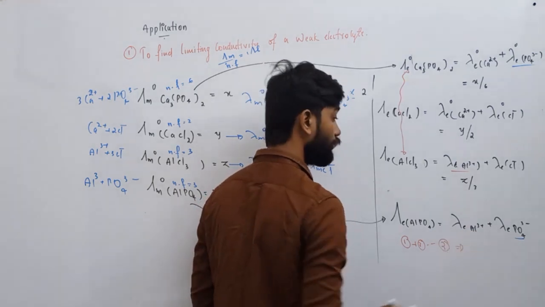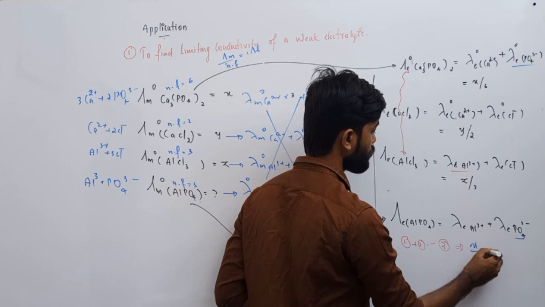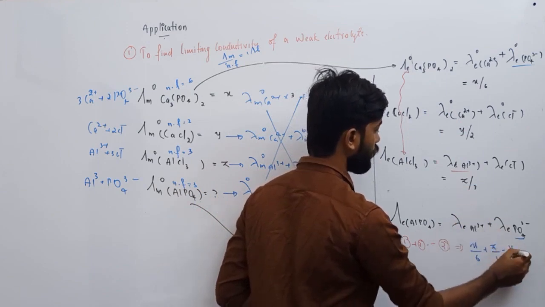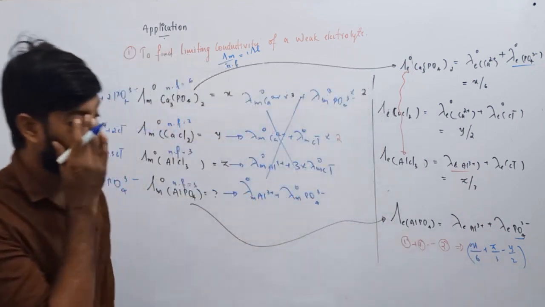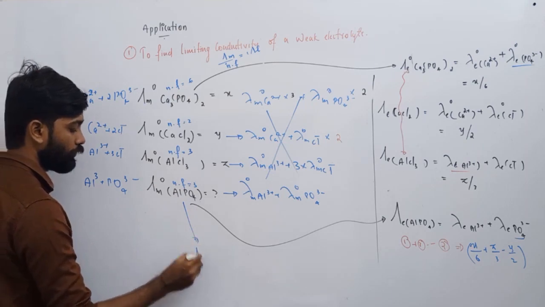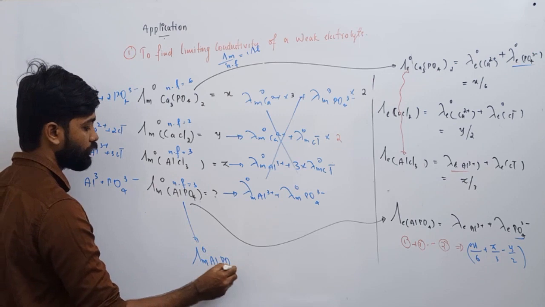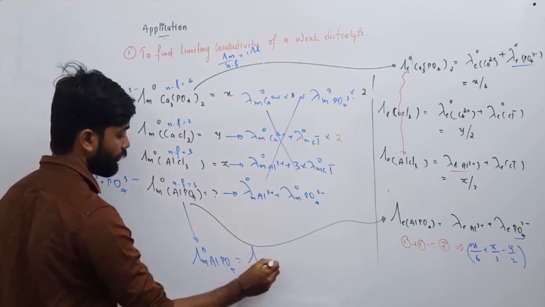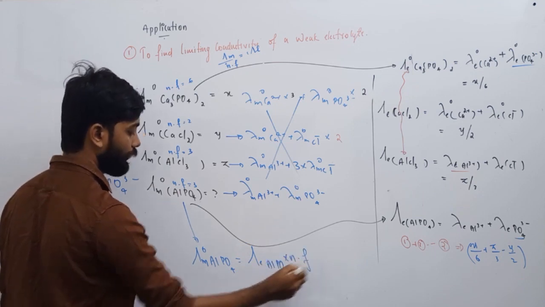So what will be the nature? 1 and 3 added means x by 6 plus z by 3, and the subtracted one is y by 2. So this is the equivalent conductivity of AlPO4, but we actually require the molar conductivity. We know that molar conductivity of AlPO4 is its equivalent conductivity into n factor.